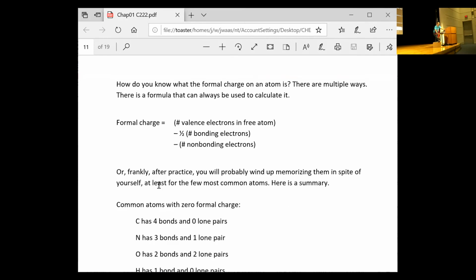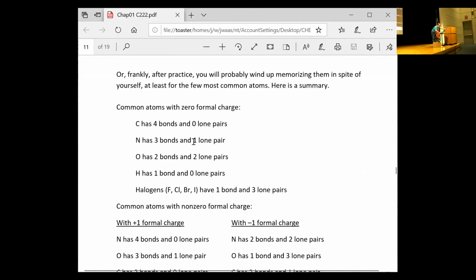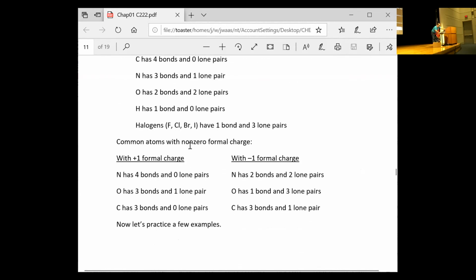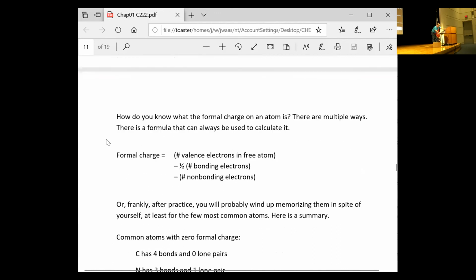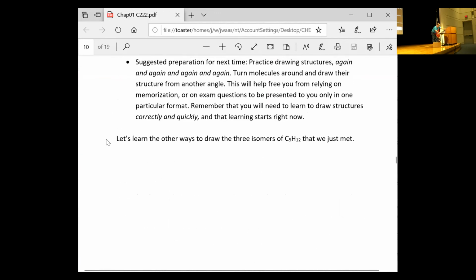And I think 99% of the time, the formal charge will be 0. So that's why I've given here what you can generally expect to see when an atom has 0 formal charge, and also some common cases when an atom has a +1 or -1 formal charge. You can use this for now as a reference, but after a while, you'll learn the patterns. At least that's my hope.